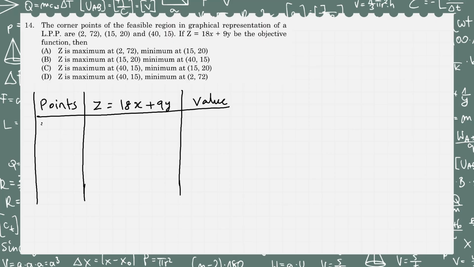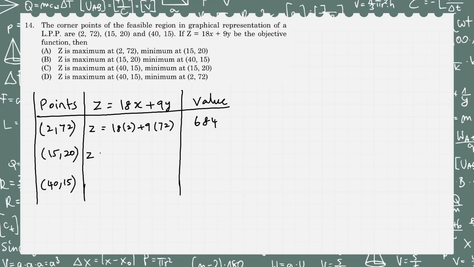The first point is (2, 72). The second point is (15, 20). And the third one is (40, 15). So we have to find the respective z values for all the points. So z equal to, replacing x and y with the given points 2 and 72, we have 18 into 2 plus 9 into 72. When we simplify this, we will get 684 as the answer.